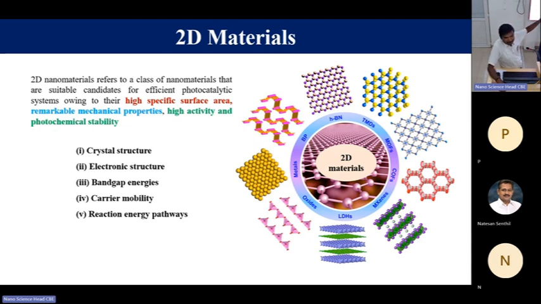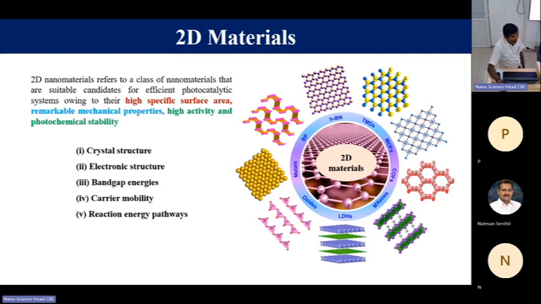The crystal structure plays a vital role. Crystals can be classified into normal crystals and amorphous, the disordered structures. Even a perfect crystal or nanocrystal has some kind of disorder. Based on the crystal structure, the efficiency is also decided.